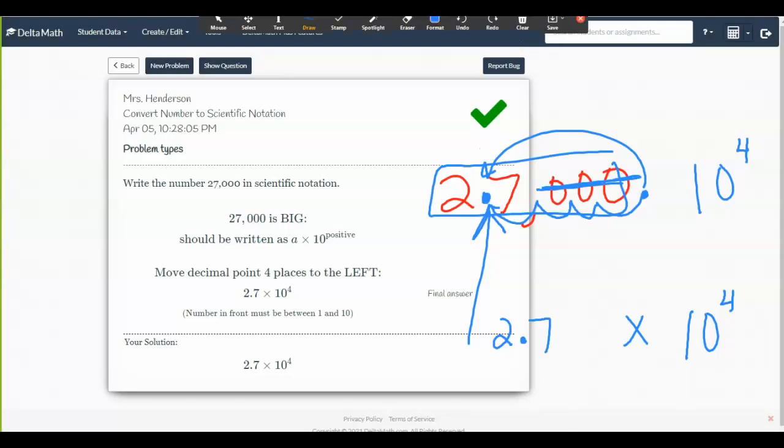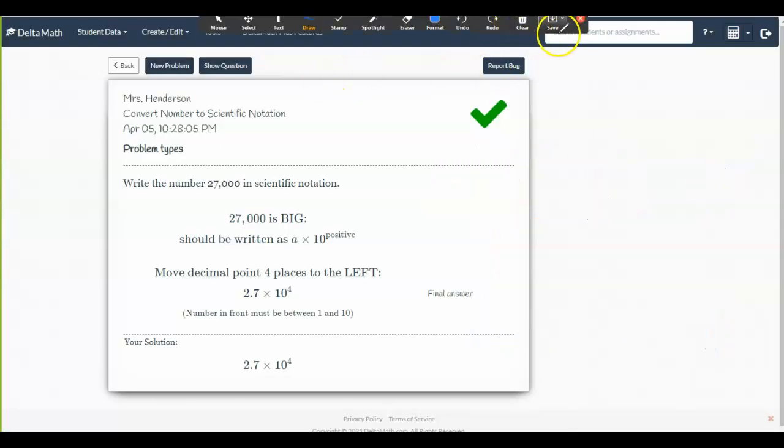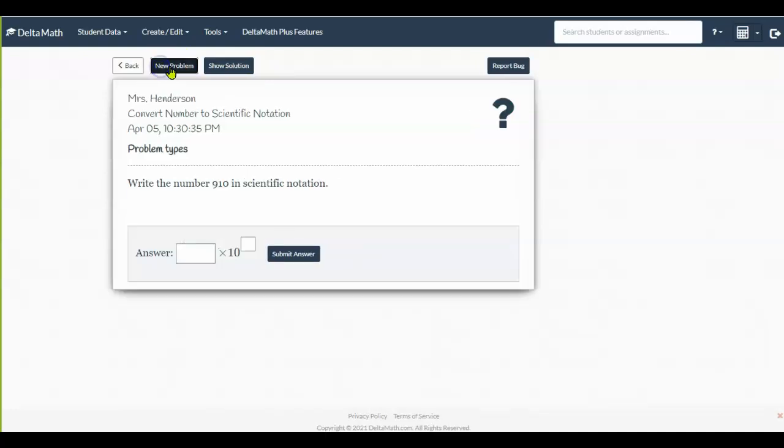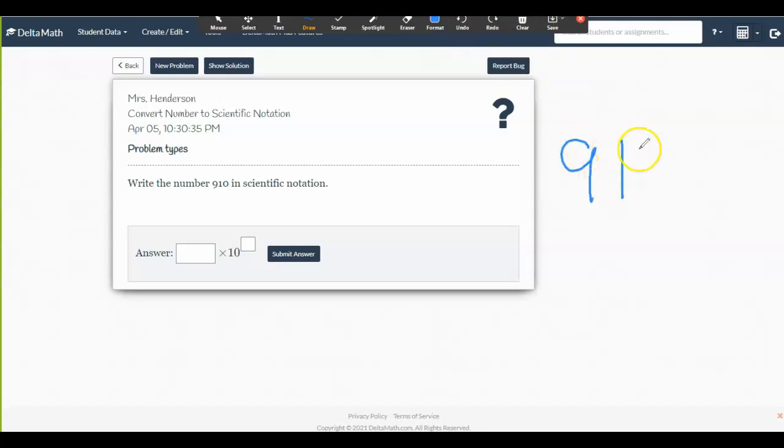All right, let's try this again. 910. 910 is a number bigger than 1. So the decimal point is hiding at the end. It needs to move over 91, 9.1, until I get a number between 1 and 10.